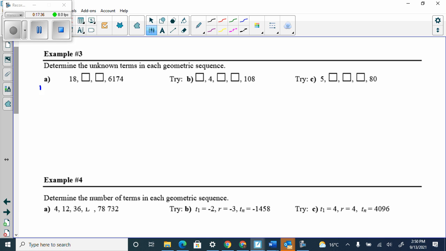We know T1 is 18. What is Tn? What else do we know? Yeah, we don't know r. We know n is 4. So, what do we do when we have knowns and we need to figure out one unknown?